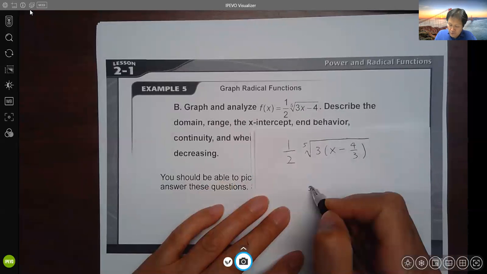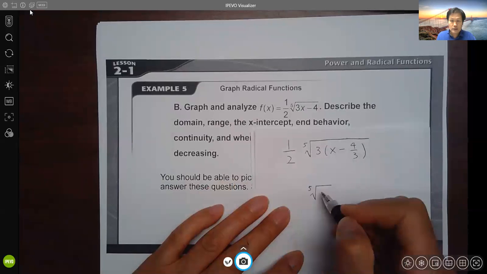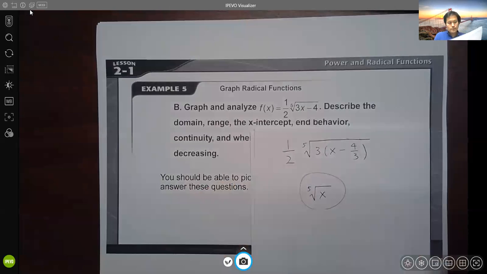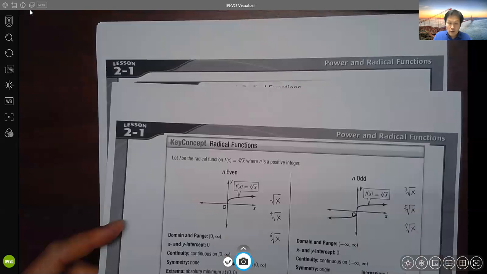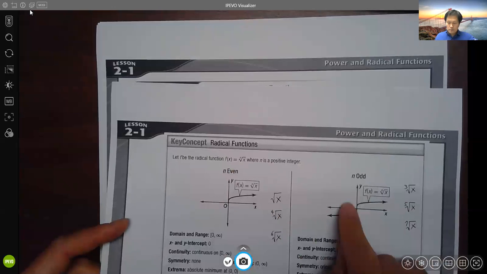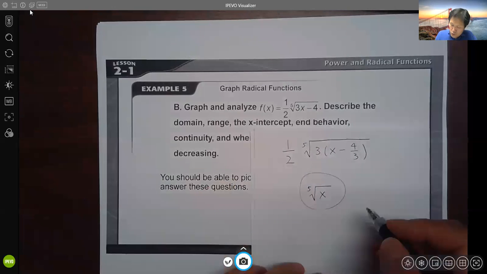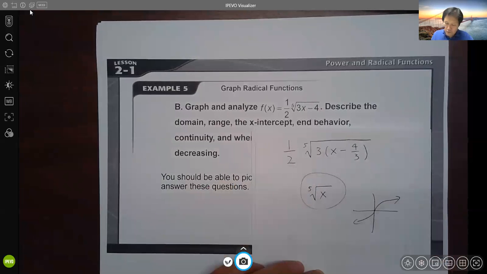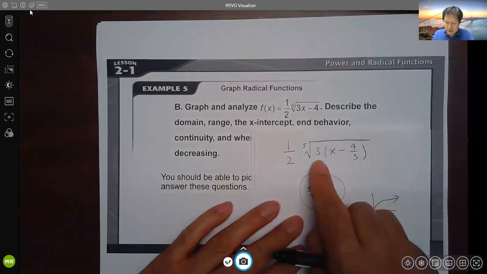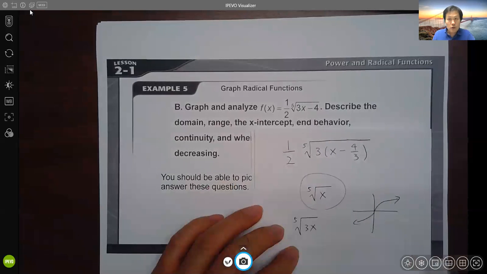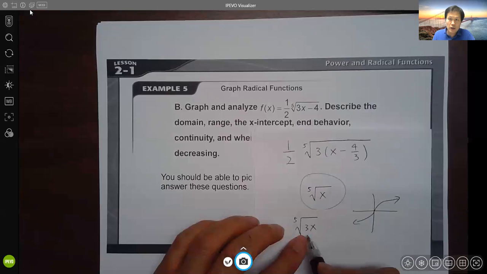So from the fifth root of x, this is the beginning. And you should know the fifth root is odd. So you have both sides. Okay. So this one, you have a graph something like this. From there, 3 times x. So you do the fifth root of 3 times x. So that's what? Horizontal shrink by 1/3.